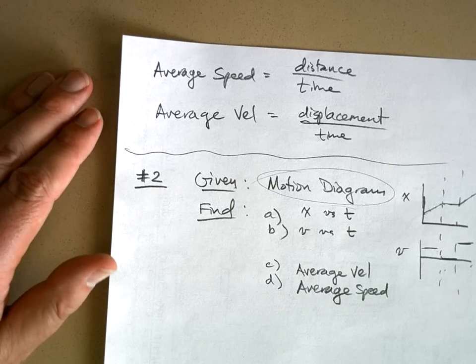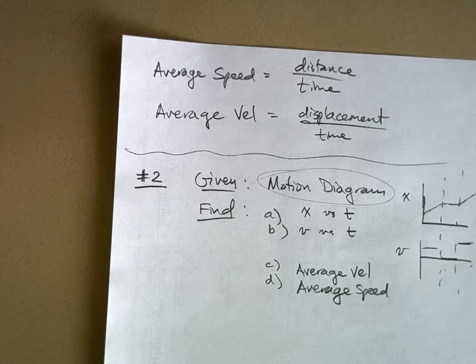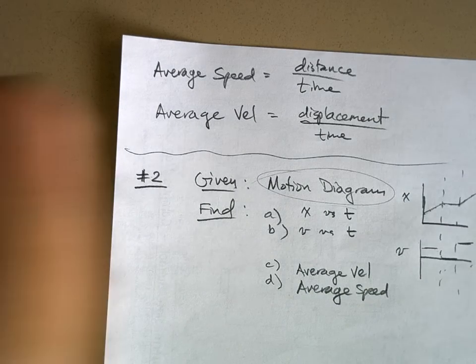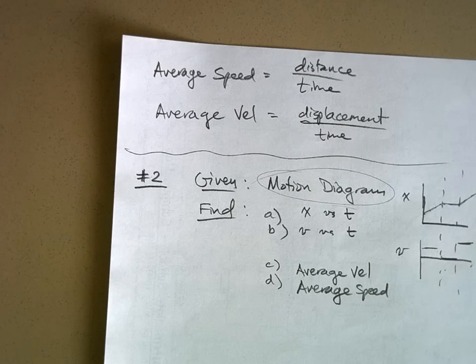So just look at your starting time and then measure the length of the path and divide it by the time. That'll be your average speed. And then for average velocity, you look at the final position, subtract the initial position from it, and you'll get the average velocity.